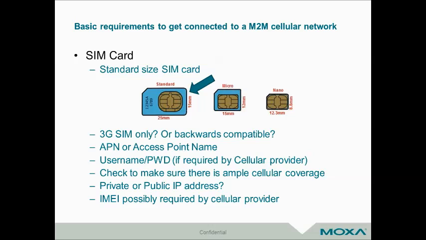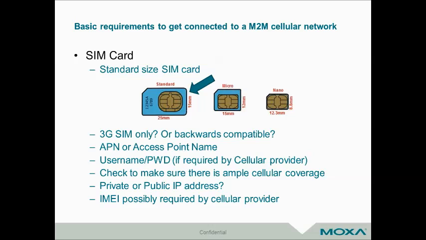It basically comes pre-programmed. You just turn it on and you can use it. But with industrial cellular or cellular modems, you typically will have to input the APN into your device in order to be allowed access to the network. When you get your SIM card from your cellular provider, they will give that to you. But it's just something that you should be aware of, that it is very carrier dependent.